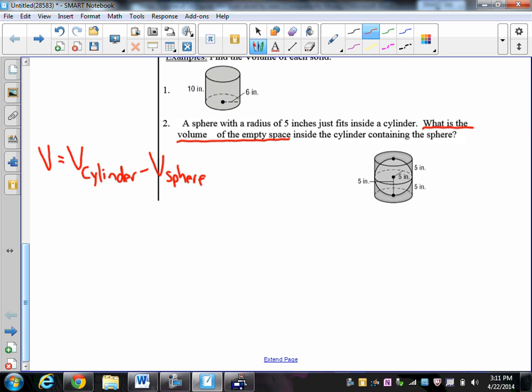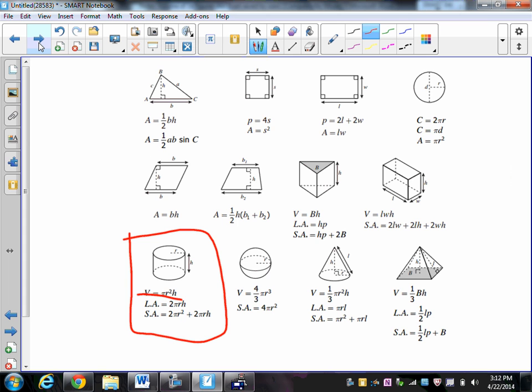So we're just going to use our formulas. So we have a radius, that's going to be 5 inches, and we have a height, which is going to be 10 inches. The height of this cylinder is 5 plus 5, which is 10. So I just use the two formulas that I have.